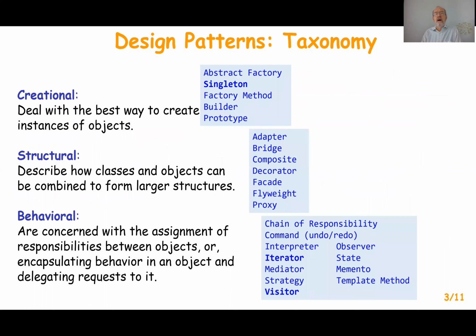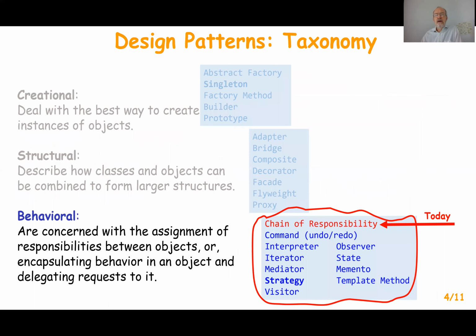So this is the overall taxonomy. I usually put this slide in front of each lecture, just as a common remark. Now we will concentrate on the behavioral part of this taxonomy.